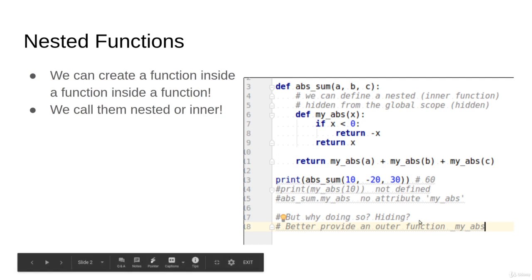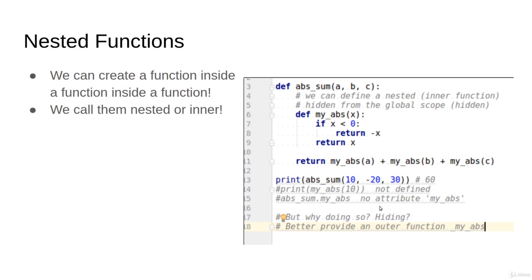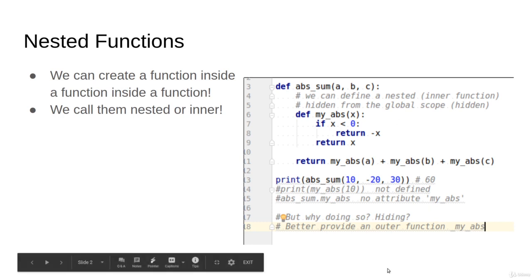But as we will talk more about in the OOP section, Python isn't a fan of hiding things. Later we will learn that it's better to just define it outside and prepend an underscore, like sending a message to others: please do not use this function. This is an internal function for us. Let's keep going.